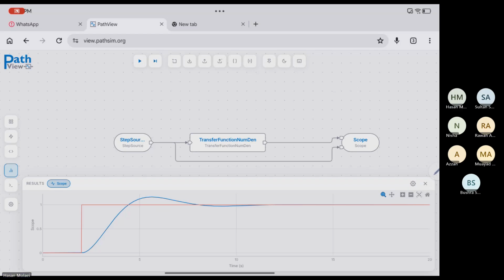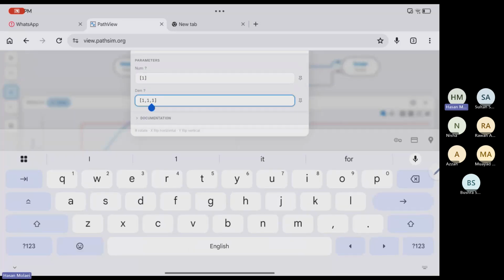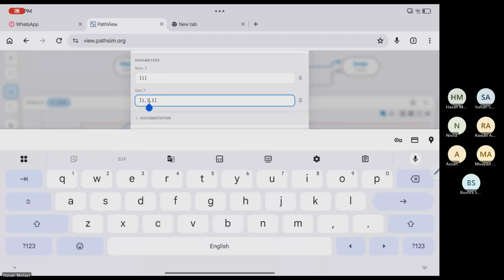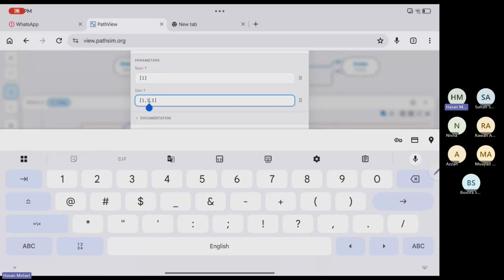Or yes, exactly. If we increase damping factor, it's going to be damped faster. So how much is damping factor here now? 0.5. Yes. Let's increase it to 2.